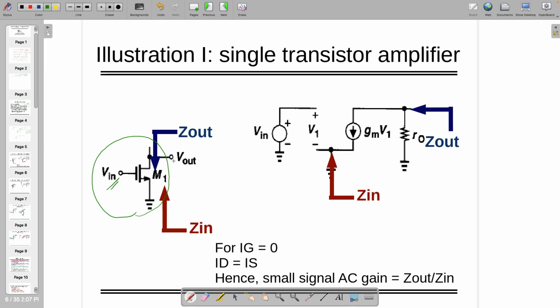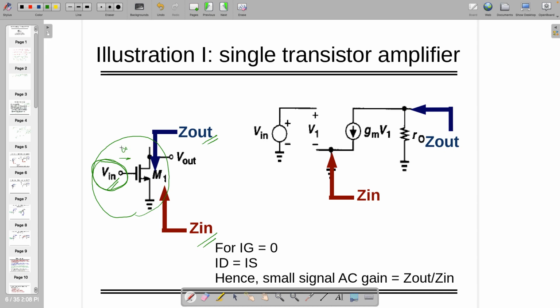So in that case, there are two impedances. I call them Z in and Z out. But note that even though we are connecting the input here, I am calling this the input impedance just for my technique. This is a technique, understand? So I am calling it input impedance, with the fact that if you are looking into this, it's infinity.